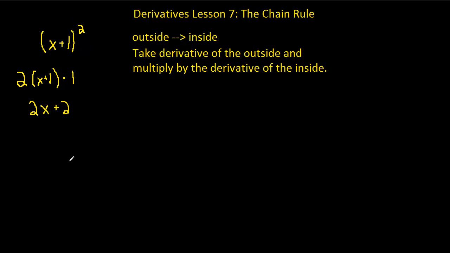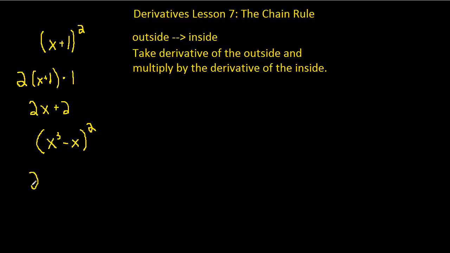So let's try something a little more complicated. Let's try (x cubed minus x) squared. Just like before, we pretend the inside is one unit and take the derivative of the outside.